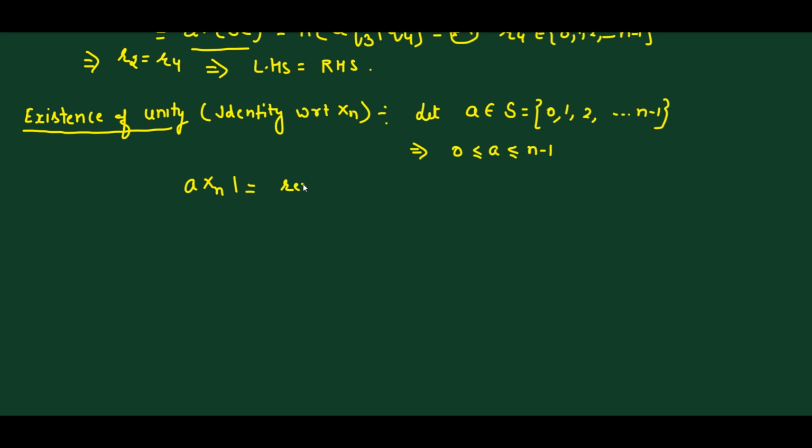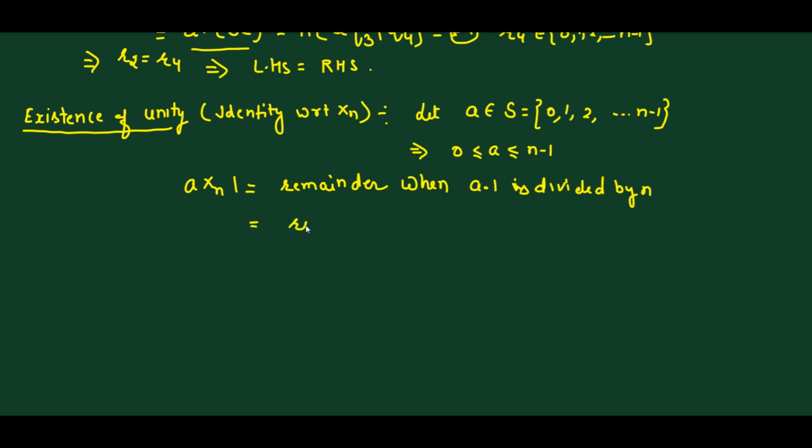This is the remainder when a into 1 is divided by n. So what is this?